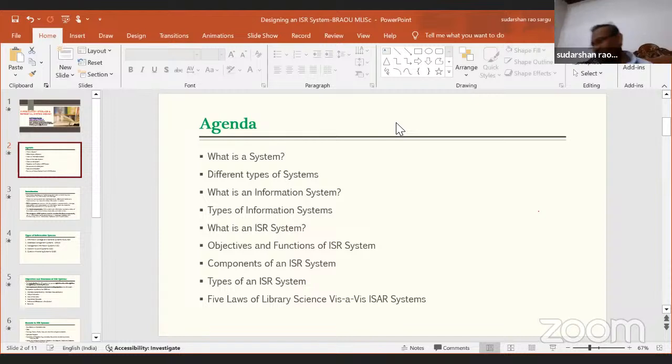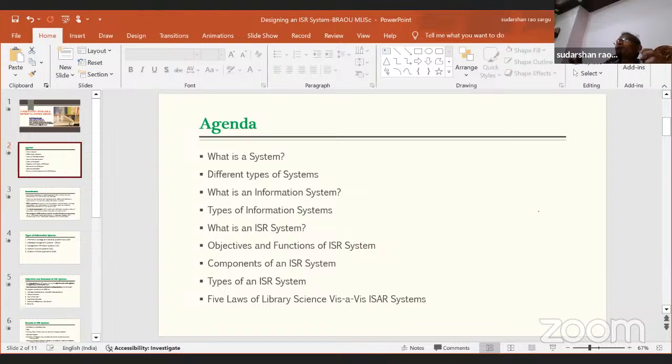These are systems. But what exactly does system mean? You have to understand that a system is an integration of several components, several departments, several divisions, several entities, several elements, whatever you want to call them.